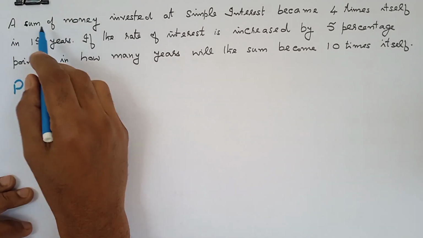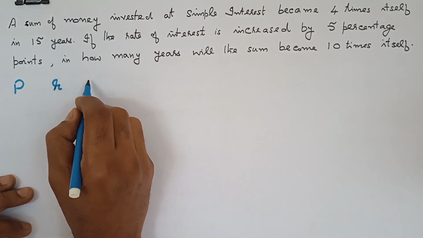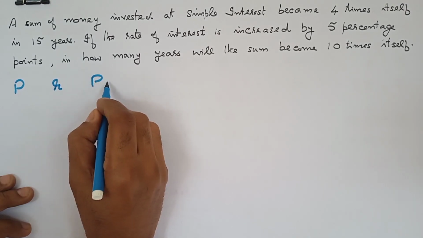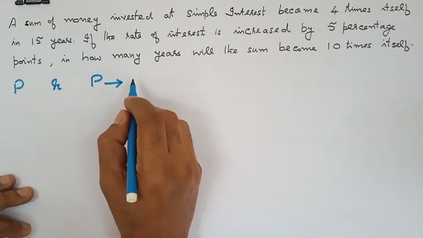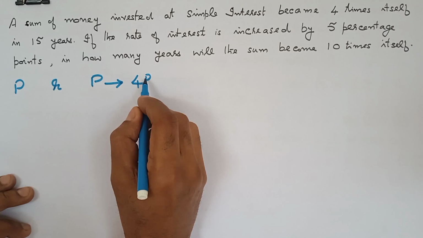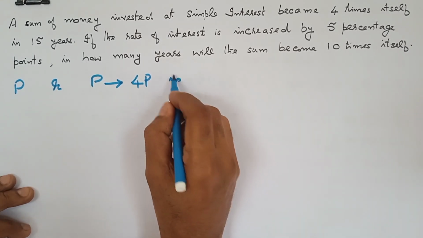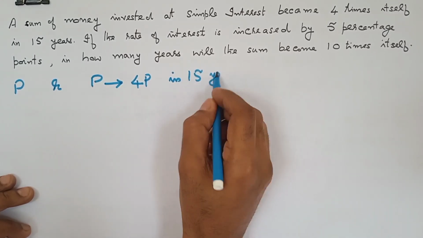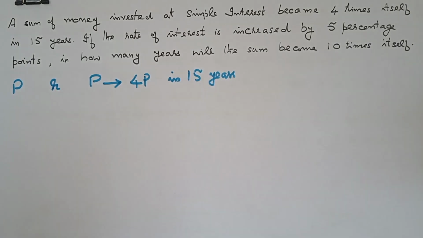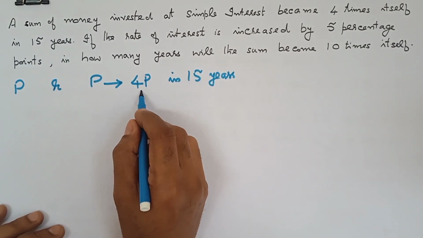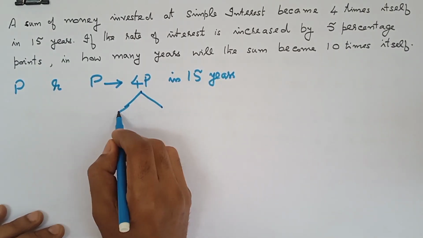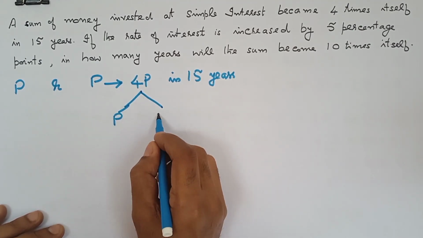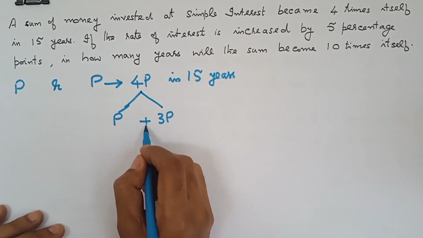And what does it say? This sum became 4 times itself. In how many years? In 15 years. Now 4P you can divide into 2 parts, P and 3P.